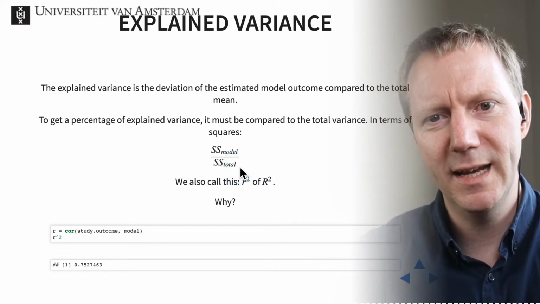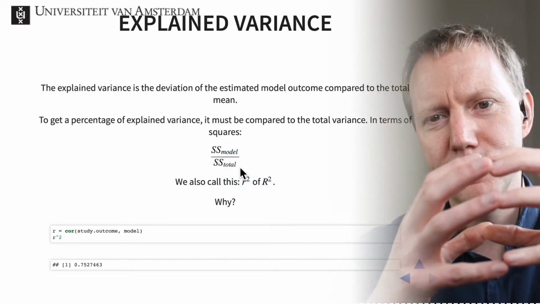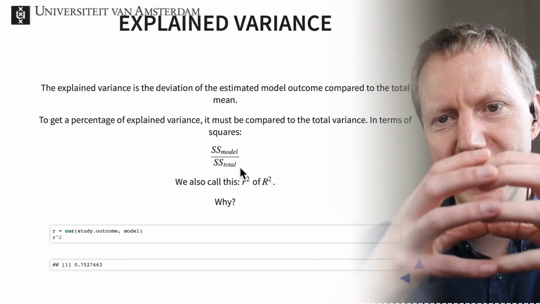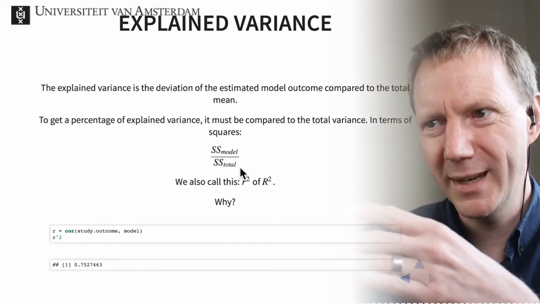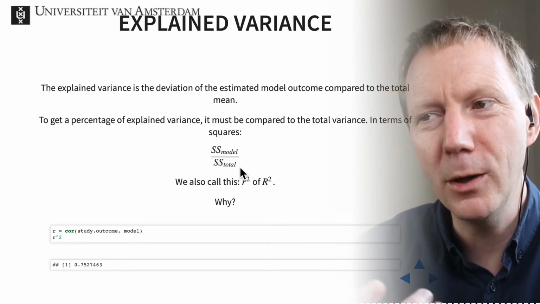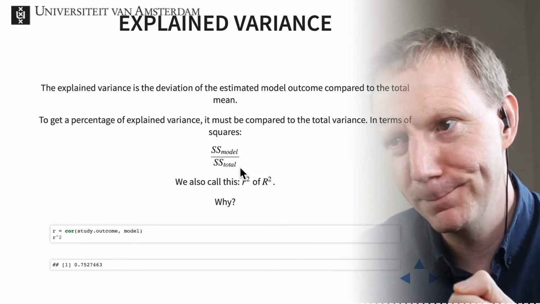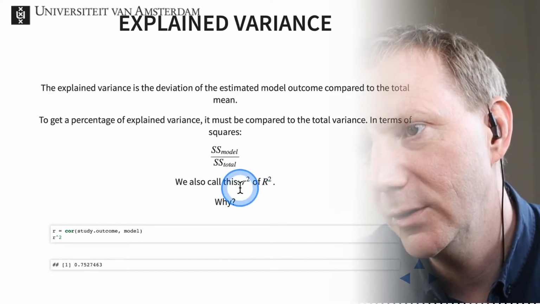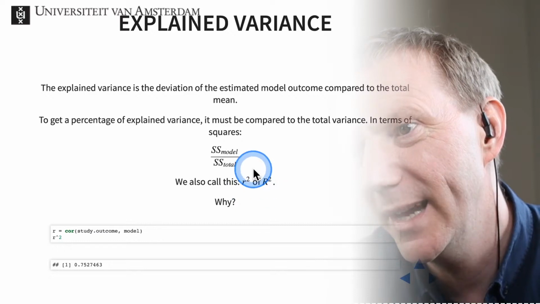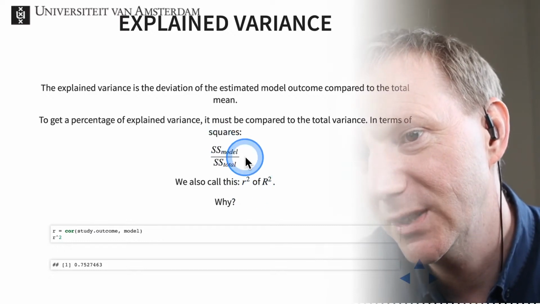If there's something to explain and you explain a fraction of that, putting that in this order will always give you a percentage, right? So that is how the r squared is related to this.